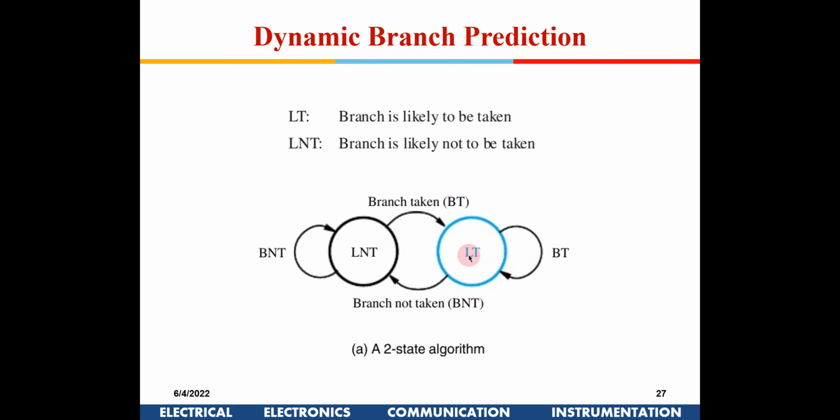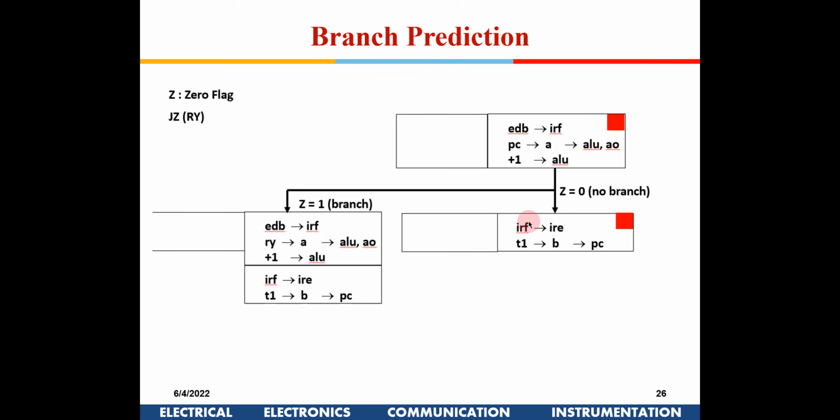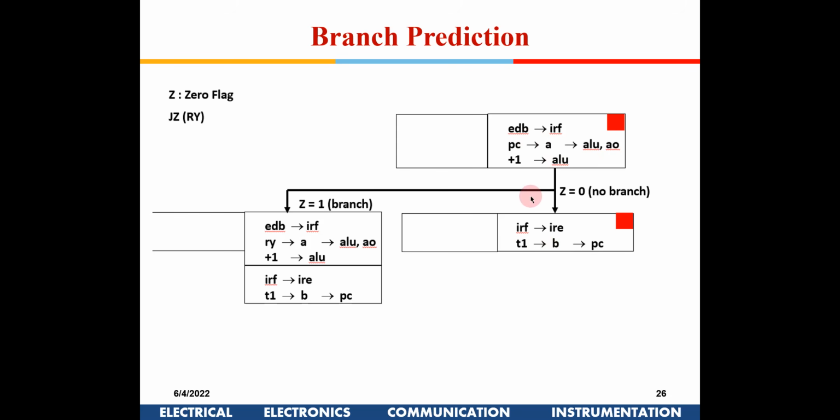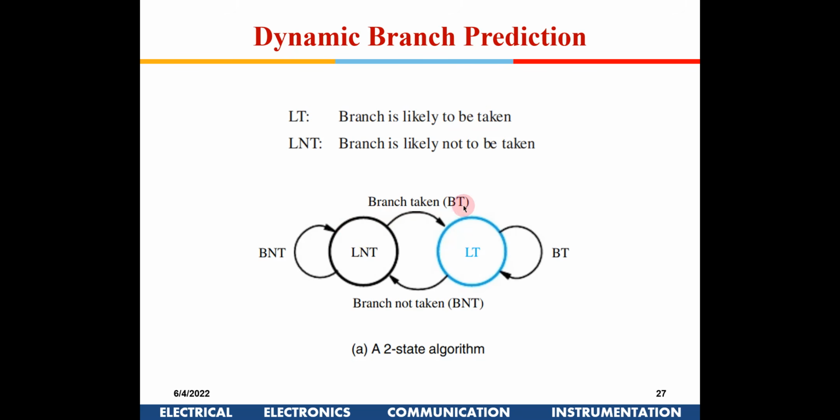So if it is here, branch is likely to be taken, and again if the branch is taken, it will continue to remain in this state. If the branch is not taken, then it will go to this state, branch not taken. If it is branch not taken, then we'll implement this particular scheme, and if the branch is to be taken, this will be implemented. That decision will be taken by a dynamic branch prediction out here.